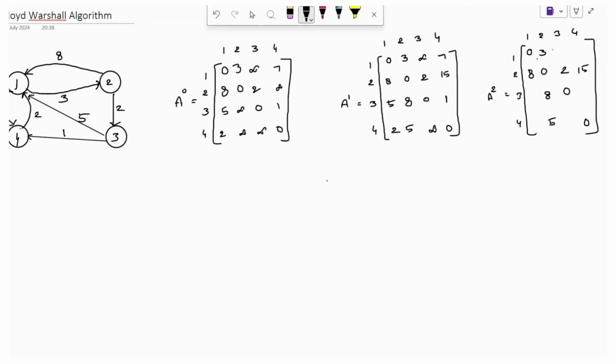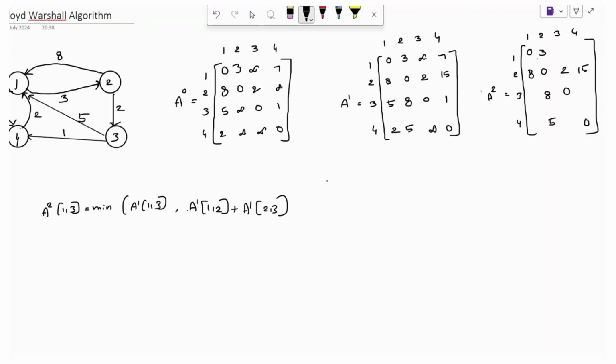Remaining we have to calculate. So A2 of 1 comma 3 will be equal to minimum of A1 of 1 comma 3, and A1 of 1 comma 2, so via vertex 2, plus A1 of 2 comma 3.